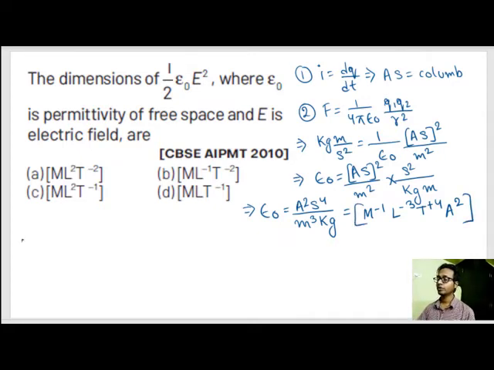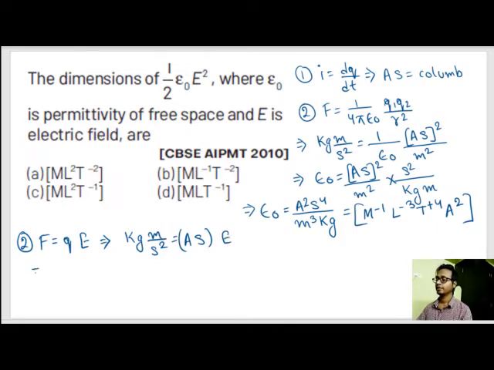And you also know one more formula. Force is equal to charge into electric field. So now we have to find the units and dimension of the electric field. We know the unit of force is kg meter per second square, equal to Coulomb, which is ampere into second, into electric field.